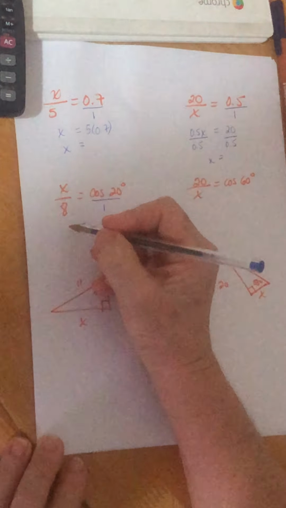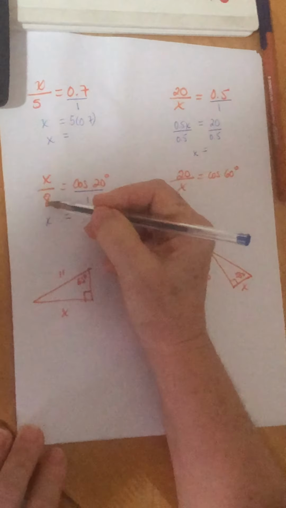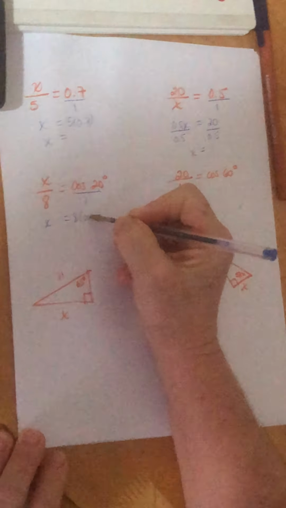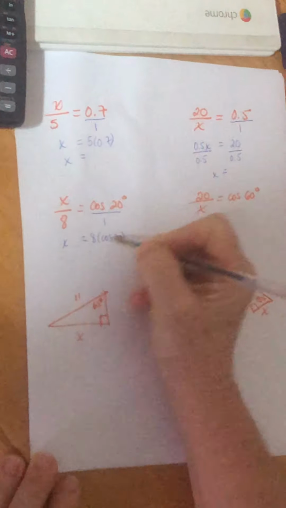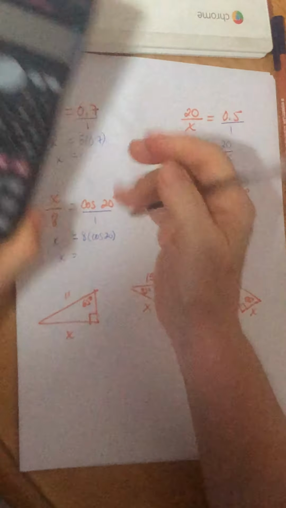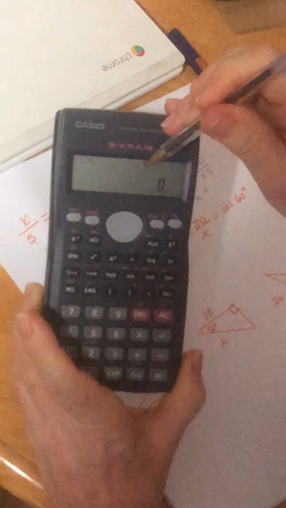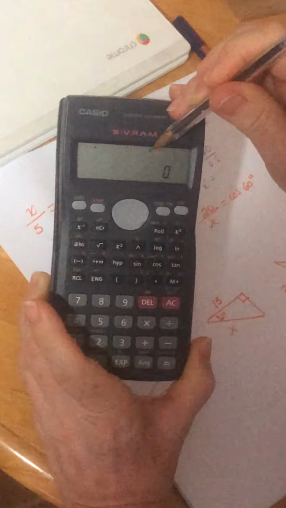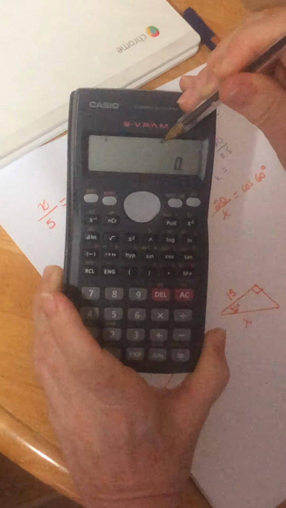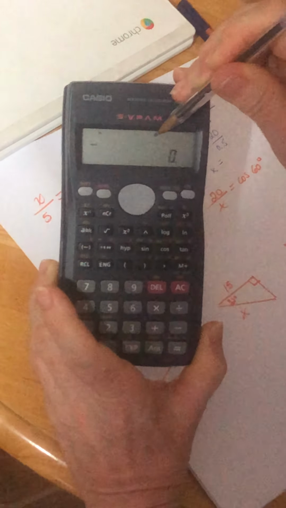X times 1, x. And here we multiply 8 times the cosine of 20, and we get our calculators. Please make sure that this little letter here is a D for degrees, because it could say R for radians, and we want to focus on degrees.